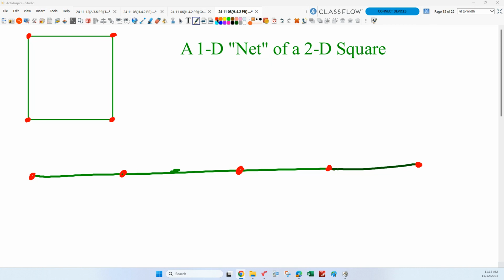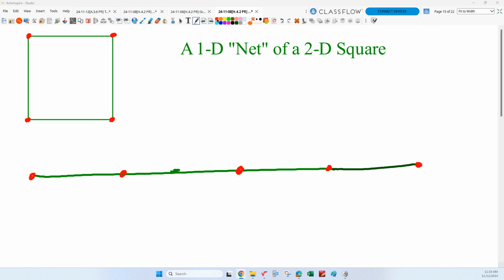If I unfolded all 4 of those line segments, they would just create that. It's pretty boring, right? It's a 1-dimensional object because it exists on a single line, and that would be my 1D net of a 2-dimensional square.